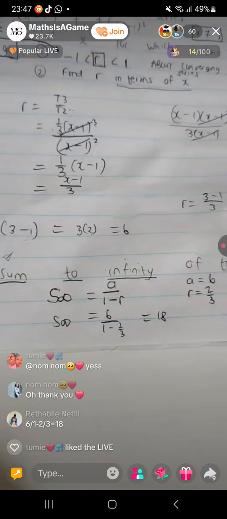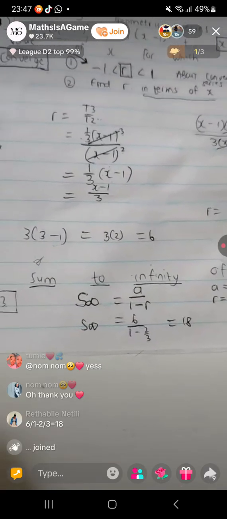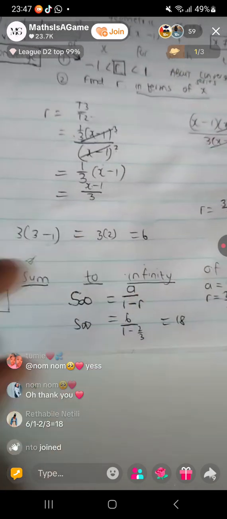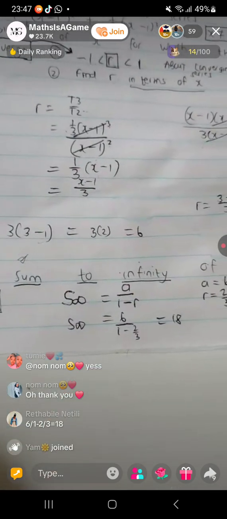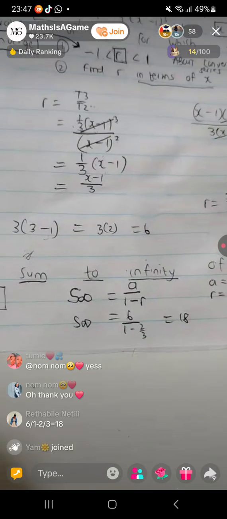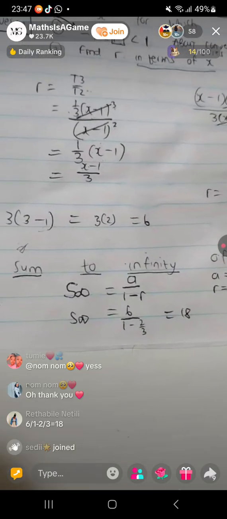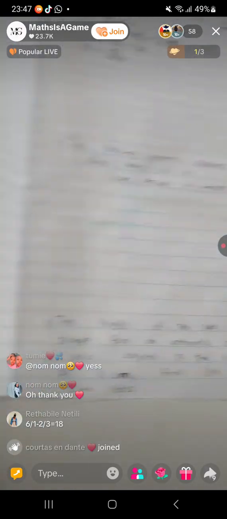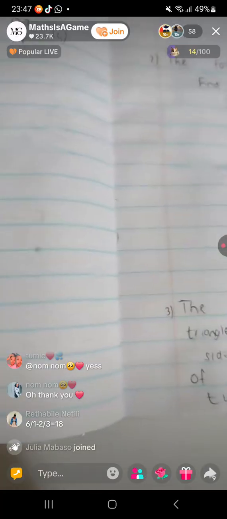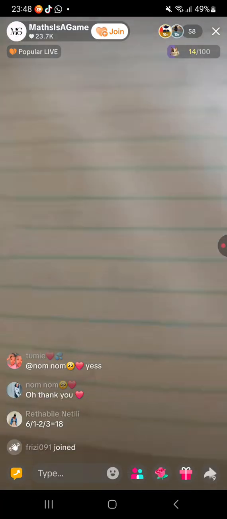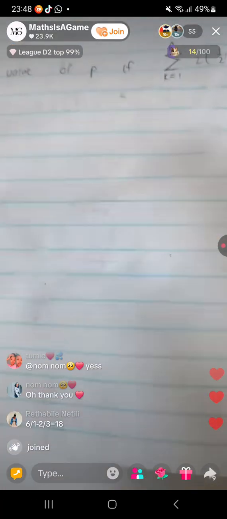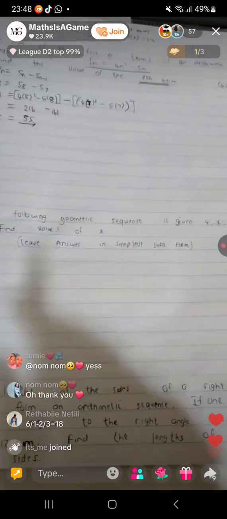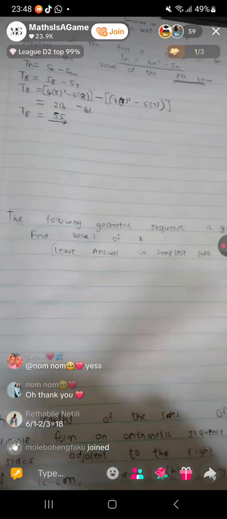The value of r must be between negative 1 and 1 for us to calculate the sum to infinity, because the sum to infinity is calculated for geometric series that converge. Okay? If you guys can stick to that, we will be okay.